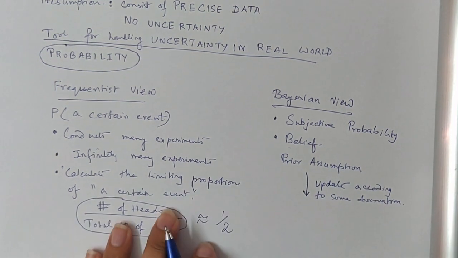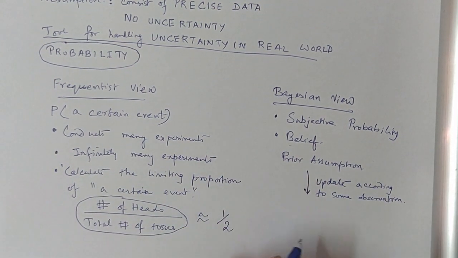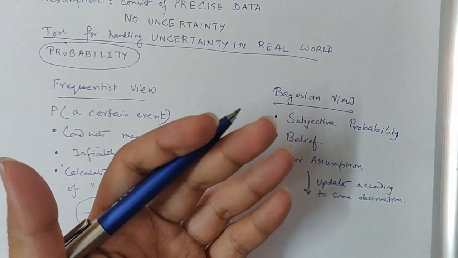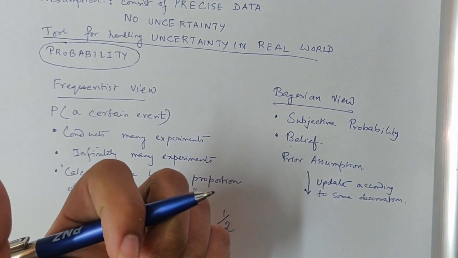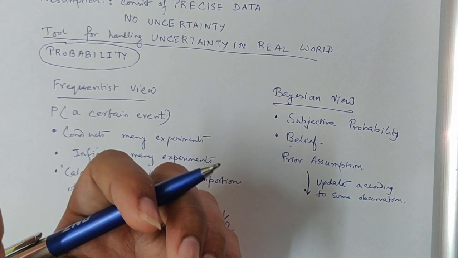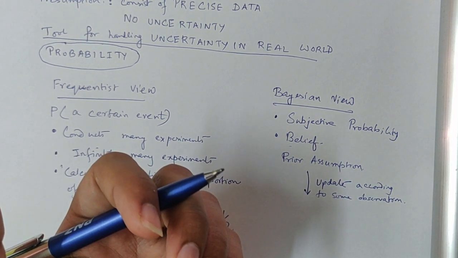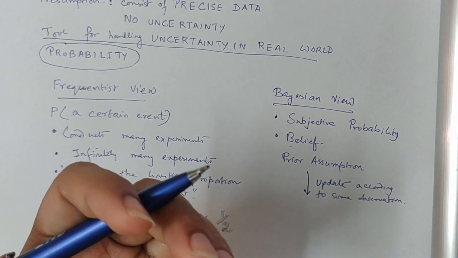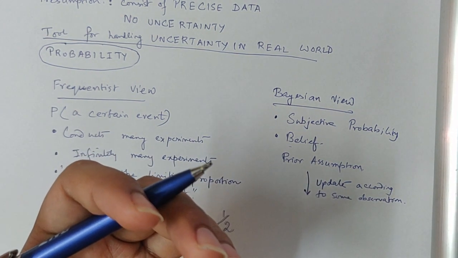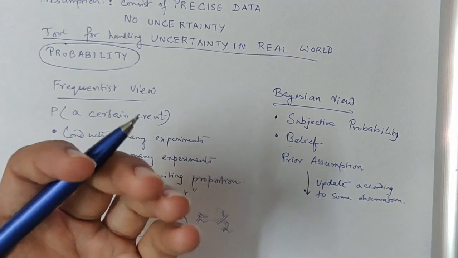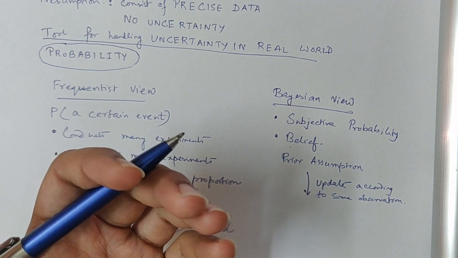So that is what we are doing in our real life also. We have a belief, then we observe an evidence, or we observe some event, and then we update our belief. For example, I say that party A will be winning this time. This is my prior belief or prior assumption.